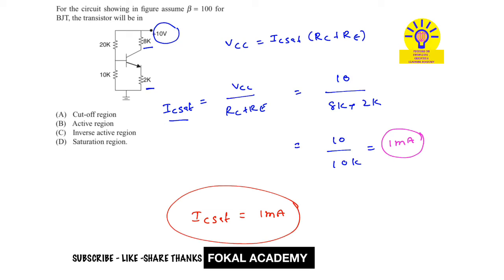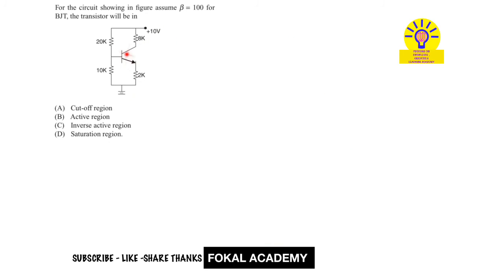Now find the IC active value. First of all find the RTH value, then find the VTH value, and from that we can find the IC value. Let's see how to find it. In the self-biased circuit, this is R1 and this is R2. First I'll find the RTH value, which is nothing but R1 parallel to R2.